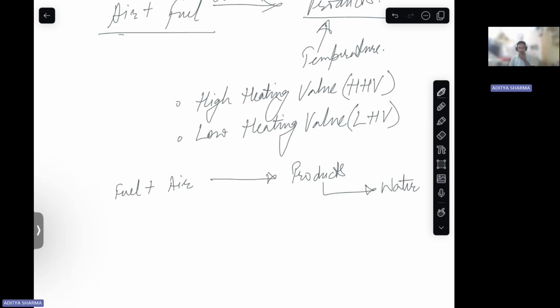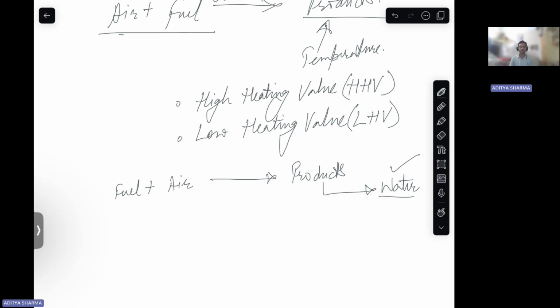Now these different heating values are related to water somehow. In case your water is in vapor state, the energy that has been lost in vaporizing the water, that is latent heat of vaporization, is now not in our hand to use; we have lost that.